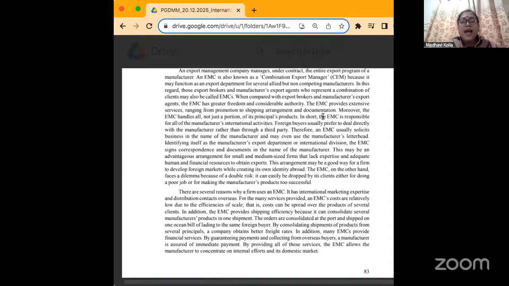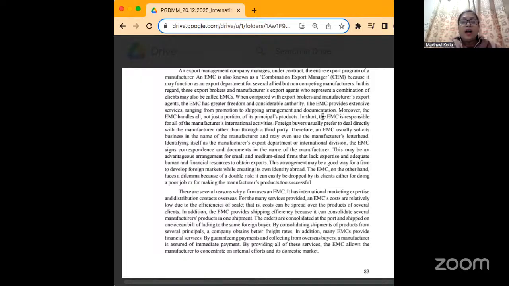So EMC has a higher level of freedom. At the same time, they offer an extensive level of services. It can be right from promotion to shipping arrangement and the final documentation. Unlike an agent, we said agent is particularly not involved in the shipping process or distribution process, but an EMC is involved on multiple fronts.